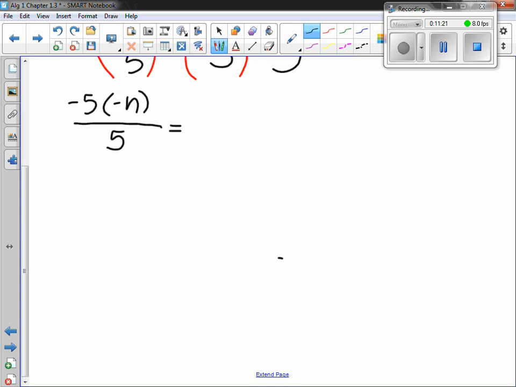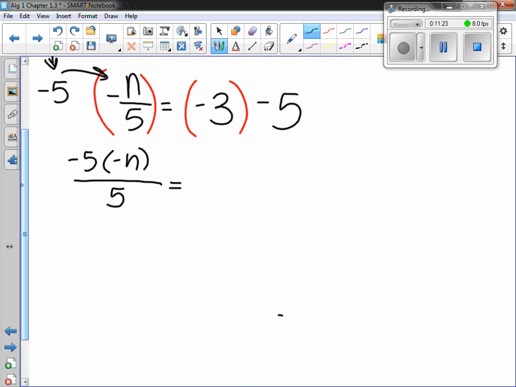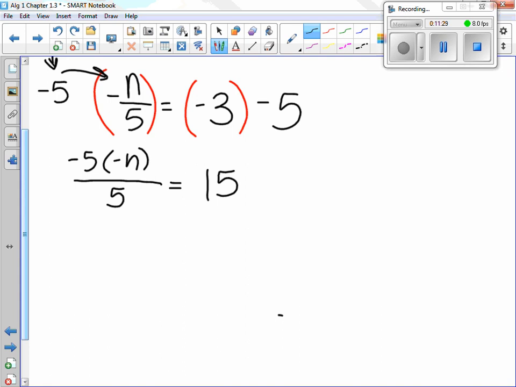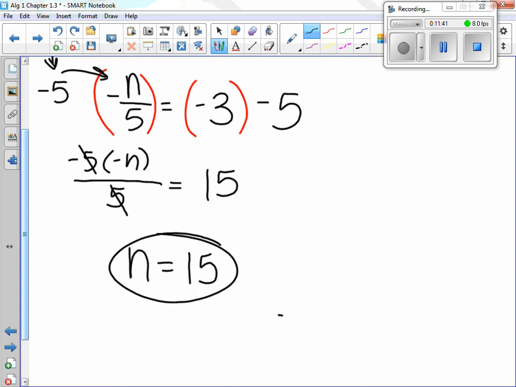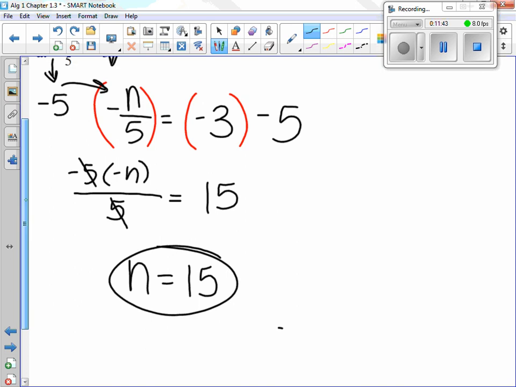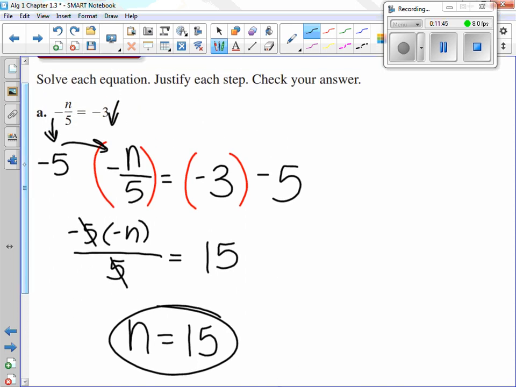Now on this other side, negative 3 times negative 5. Well, a negative times a negative is a positive, and 3 times 5 is 15. Now over here, the 5 and 5 divided by 5 will simplify, and our negative times a negative will give us a positive n. So n is equal to 15, and that's all we have to do to solve for this.